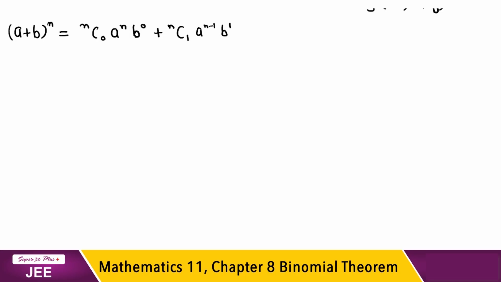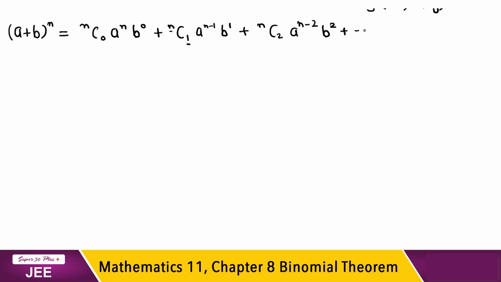It's very simple. In the power of a, I am keeping the difference of these two, n and 1, which gives n minus 1, and in the power of b, I am keeping just this number, that is 1. So now you can write down the third term, nC2, a raised to the power n minus 2, the difference of n and 2, and then b raised to the power will be what?